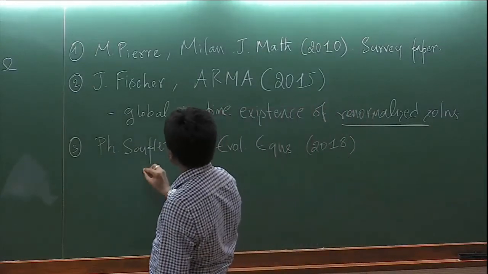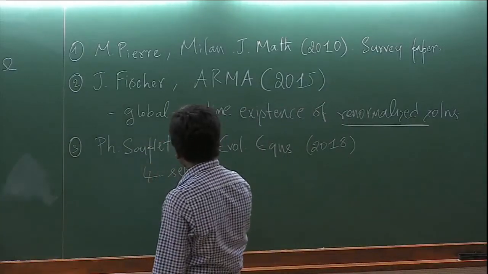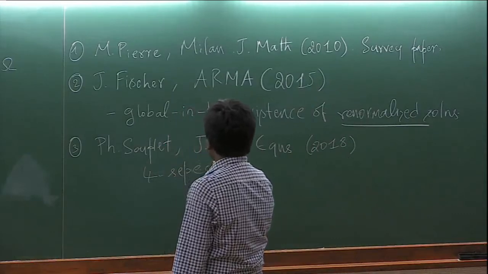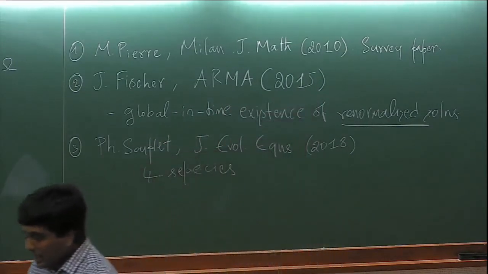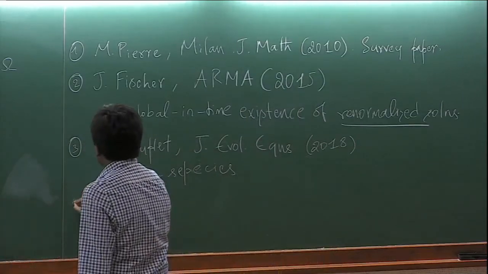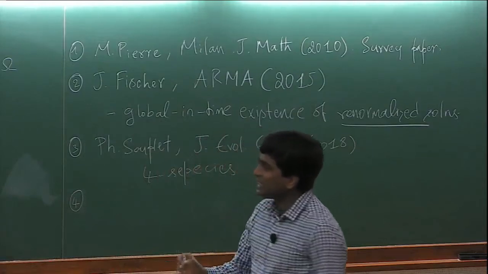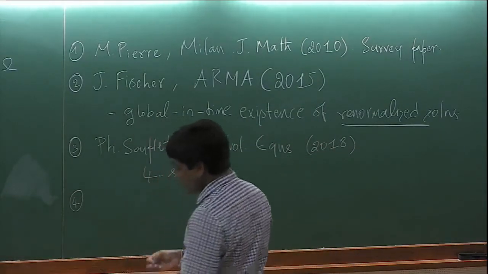This is for the 4-species model with that reaction rate. There's no epsilon, so think of a fixed epsilon. This is about global in time existence, using some very hard machinery of De Giorgi, Nash and Moser.